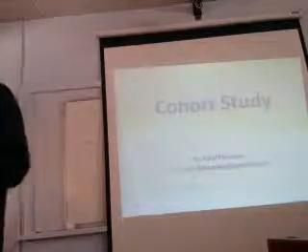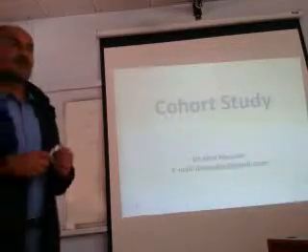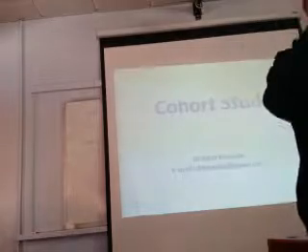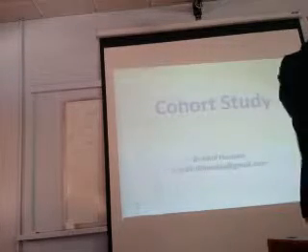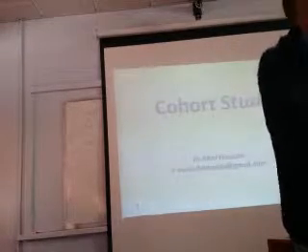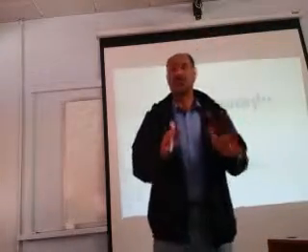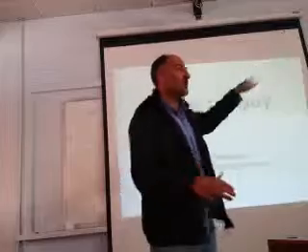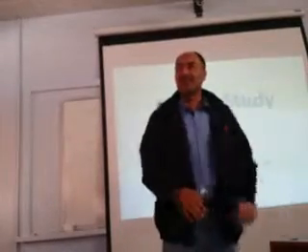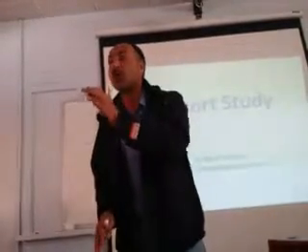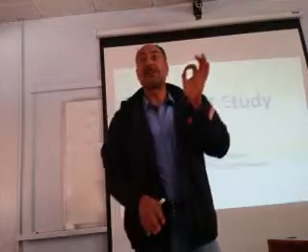So first of all, what is a cohort? Let's understand it. A cohort is a group of people who have something in common. For example, all those first-year students who have joined this college will be a cohort. Or all those students who have joined first year of all colleges of the university will be called a study cohort.